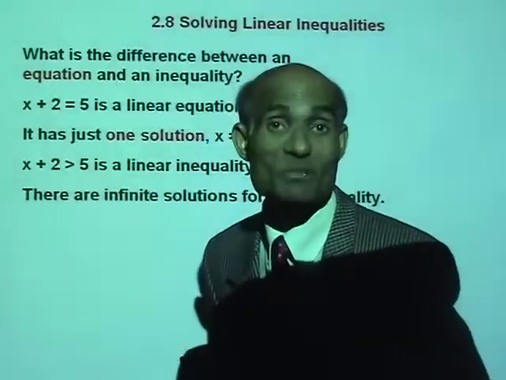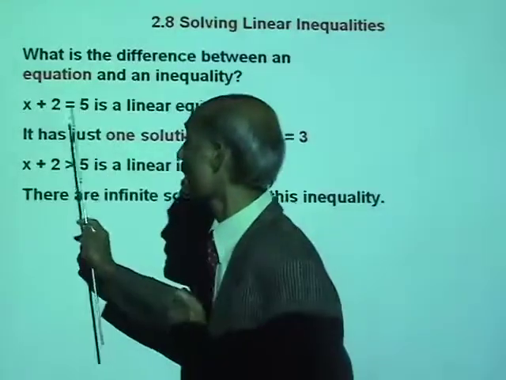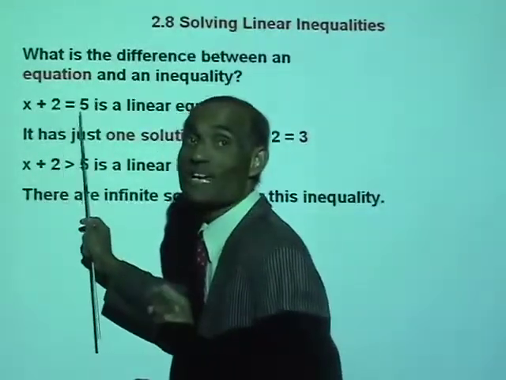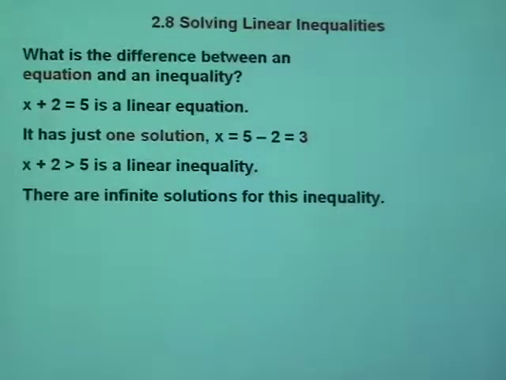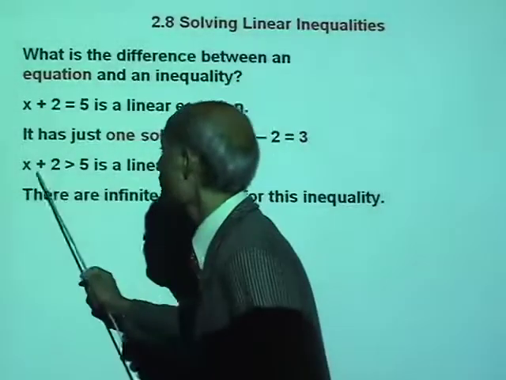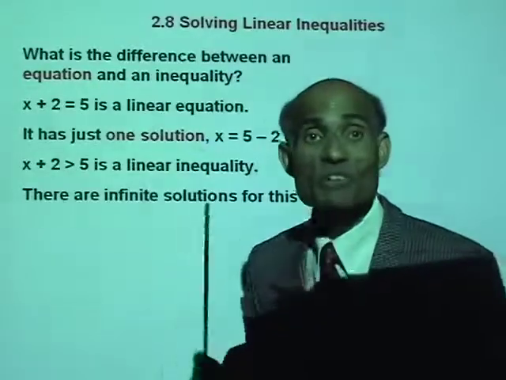You see the difference between an equation and an inequality? The equation x plus 2 equal to 5 has just one solution, whereas the inequality x plus 2 is greater than 5 has infinite solutions.